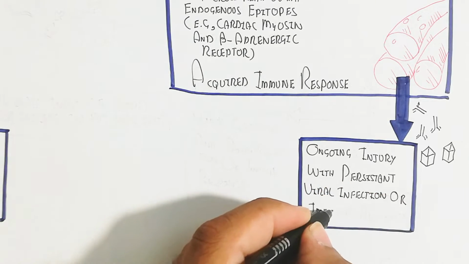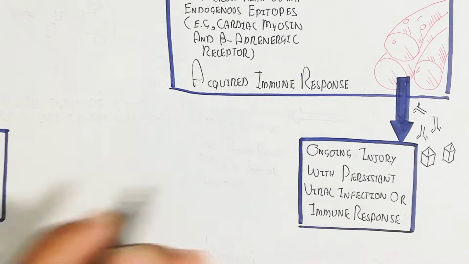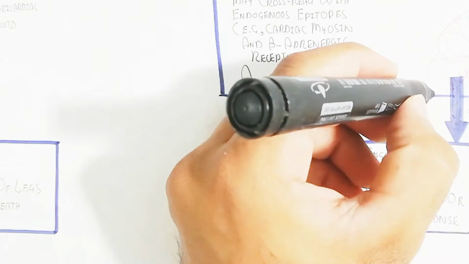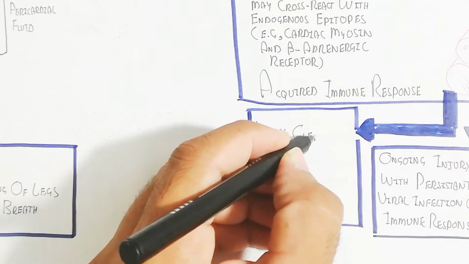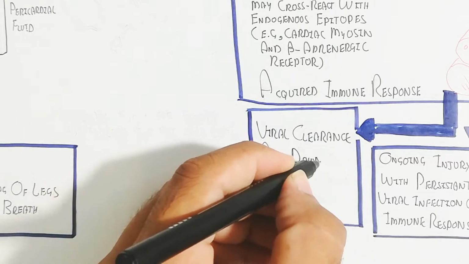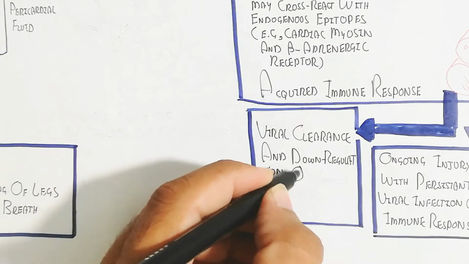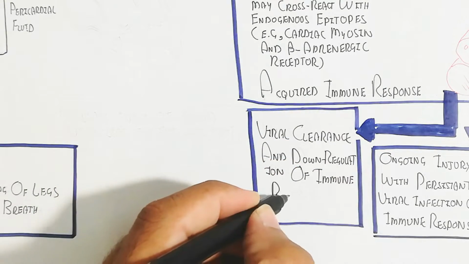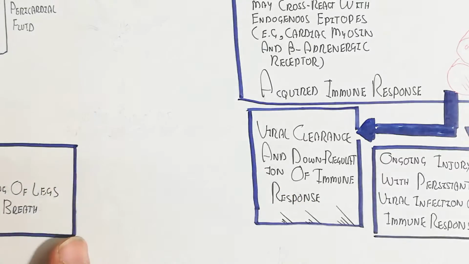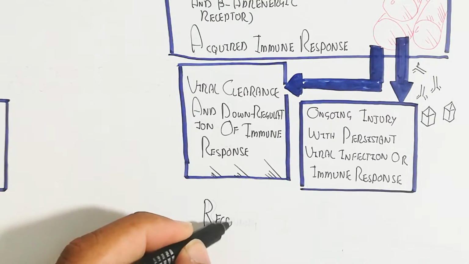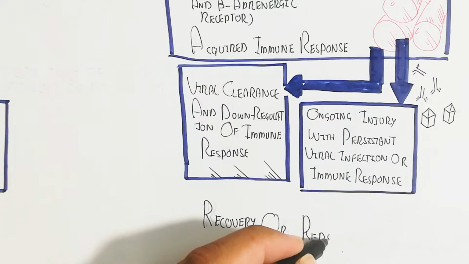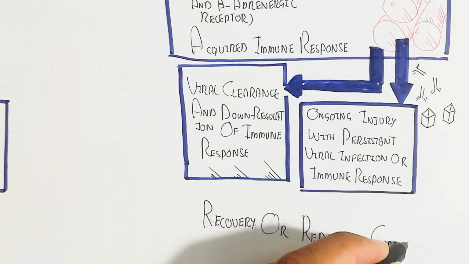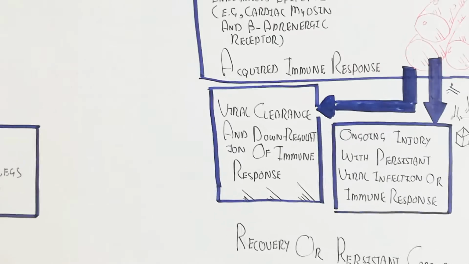On the other hand, viral clearance and down regulation of the immune response can happen. Also, hypoxia is sometimes involved in myocarditis. So recovery or persistent cardiomyopathy will occur.